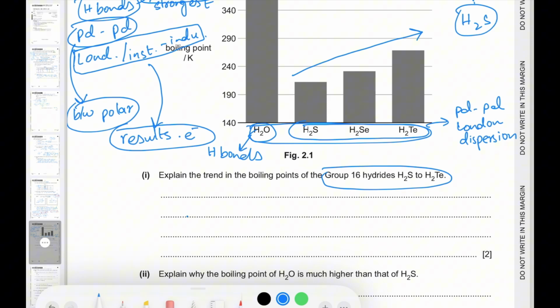Even though these hydrides have permanent dipole forces, they are not as significant when considering the increasing boiling point. The increase in boiling point occurs due to the increasing strength of the London dispersion forces between the molecules of group 16 hydrides, due to the increasing number of electrons found in these compounds.